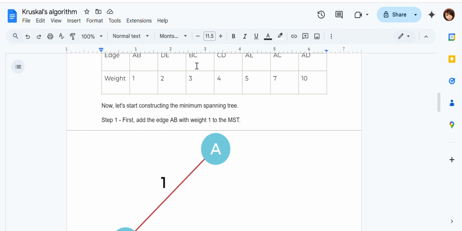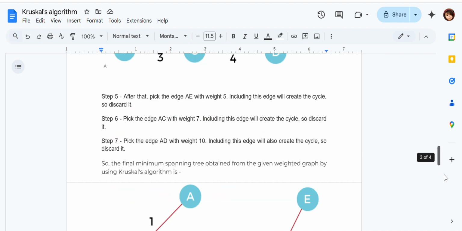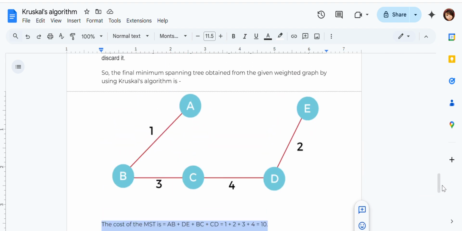Again, if it creates a cycle, ignore that also. Whichever edge does not form a cycle, include it into the minimum spanning tree. After completing the table, that will be the final minimum spanning tree. Whenever it is necessary we add, whenever it is necessary we ignore.